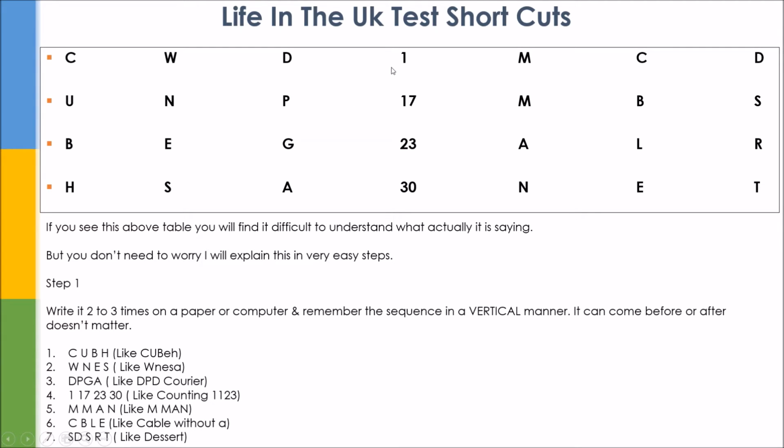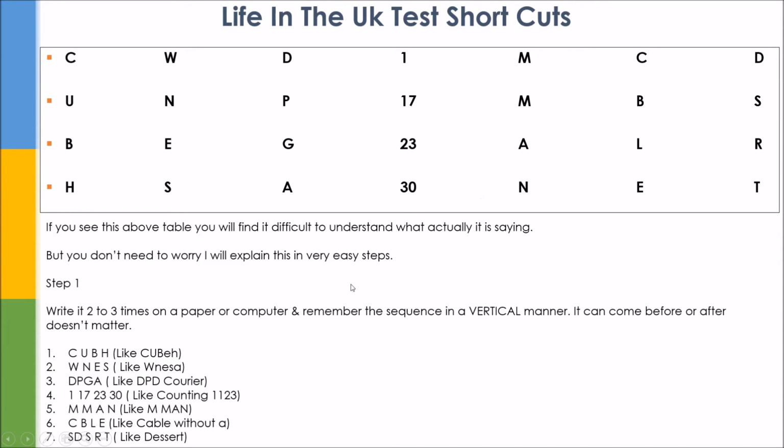The next is remembered as 1123, and the other numbers coming with it are like 730. I will show you in the coming table that you don't need to remember everything, just memorize a little. The fifth one is like a man, with the M, one more M. The sixth is like a cable, without the vowels, CBLE. And the last is like a dessert.